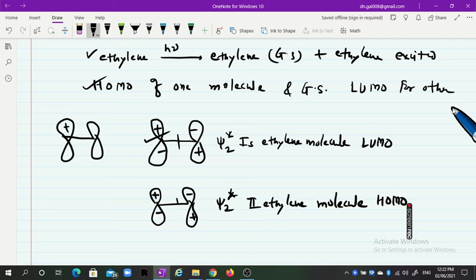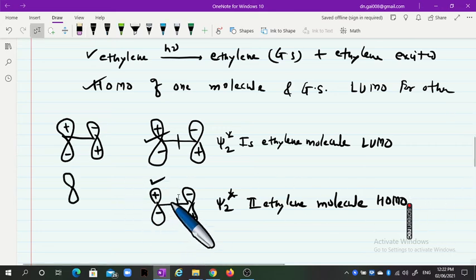We can write this for the addition: positive negative, and negative positive. This orbital can be rotated, positive negative positive negative.